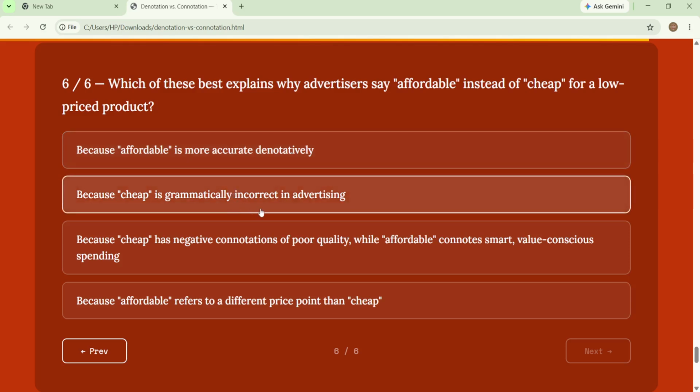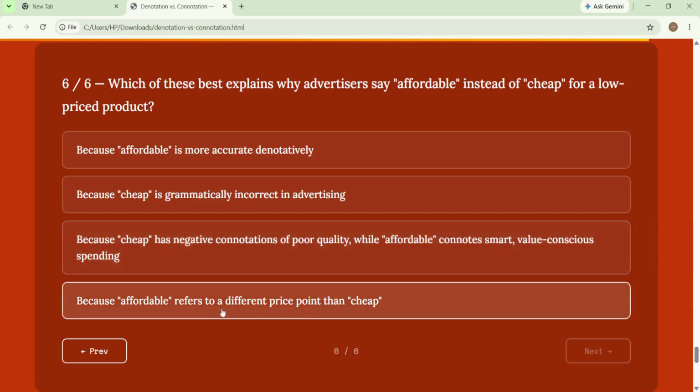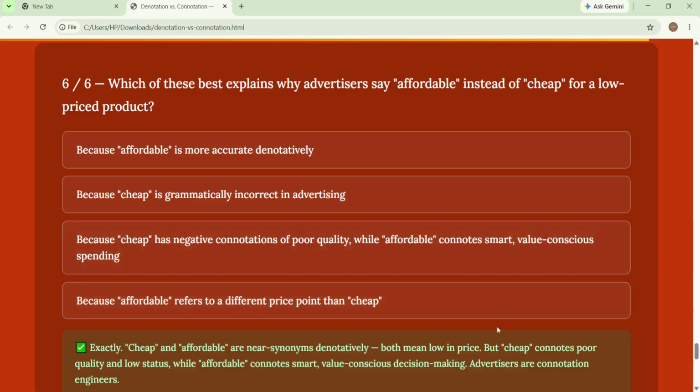The second option is because cheap is grammatically incorrect, but grammar is not being discussed, so it is out. Because cheap has negative connotation of poor quality, while affordable connotes smart value spending. The fourth option is because affordable refers to a different price point. Well, it is out as we have not discussed it, so it's option number 3.